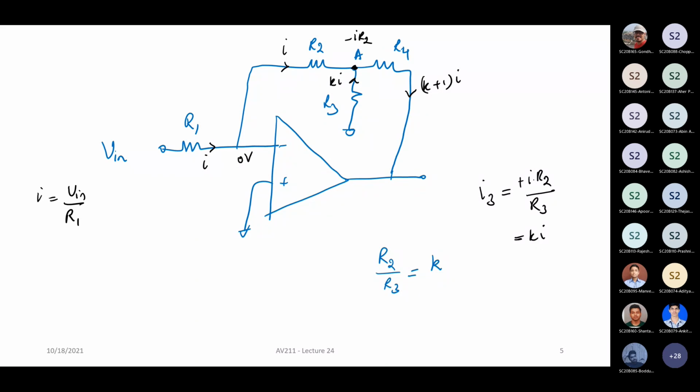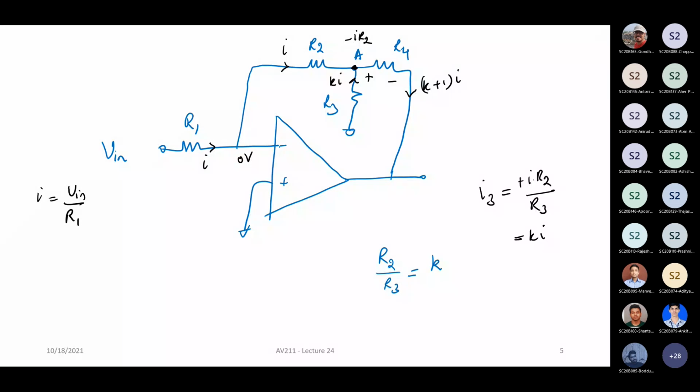Right? So what happens is, through the final resistor R4, the amount of current that is flowing is K plus 1 times I. Therefore, it generates a larger voltage across R4, which gets added to your output.